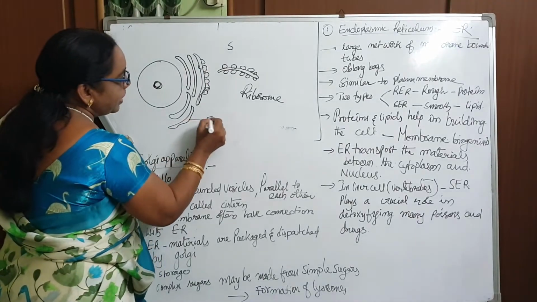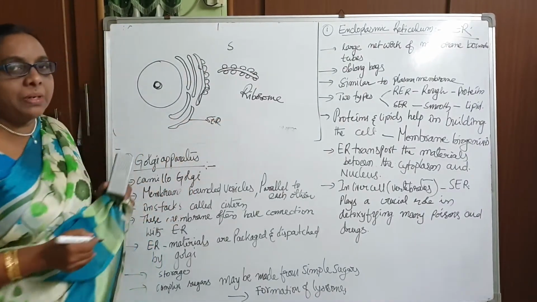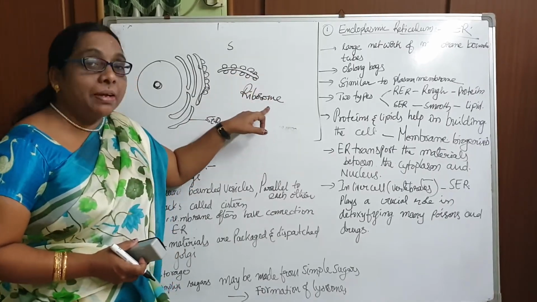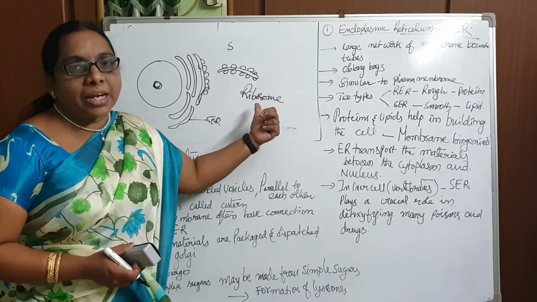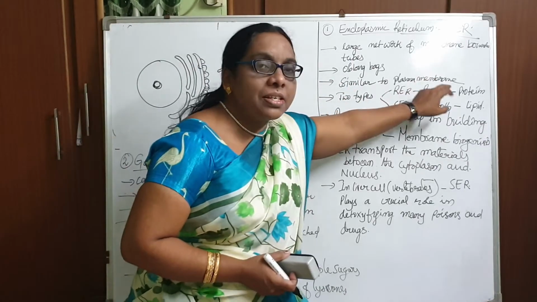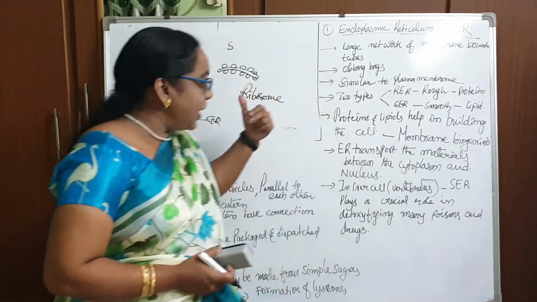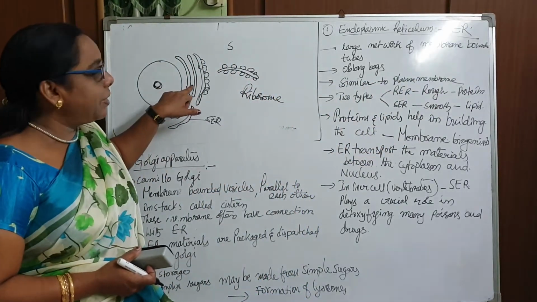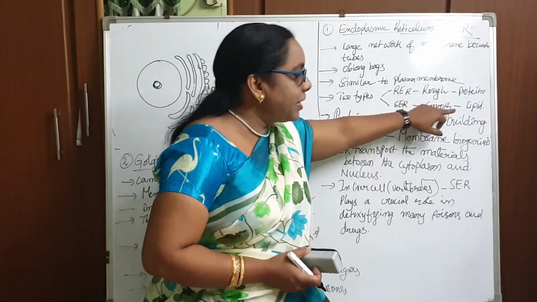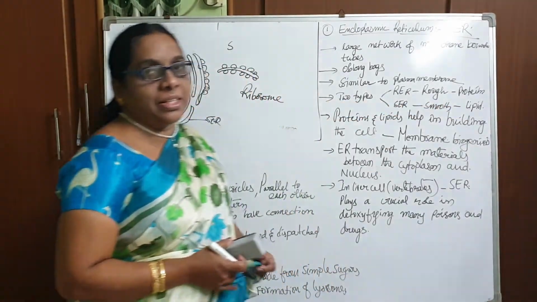This is the SER, smooth endoplasmic reticulum. The rough endoplasmic reticulum is rough because of ribosomes. The main function of the ribosomes is to help in the synthesis of proteins. The second type, smooth endoplasmic reticulum, helps in lipid synthesis.